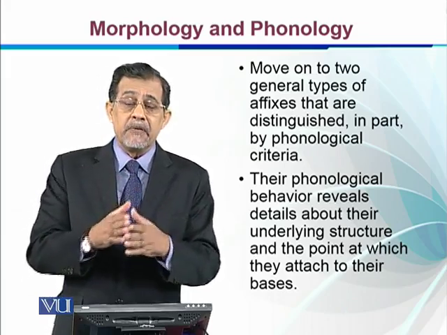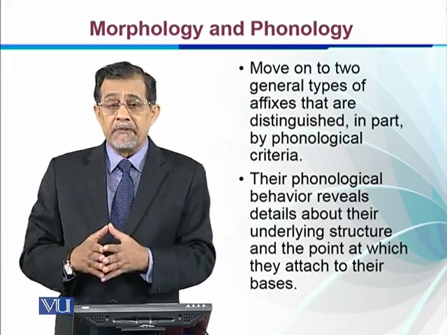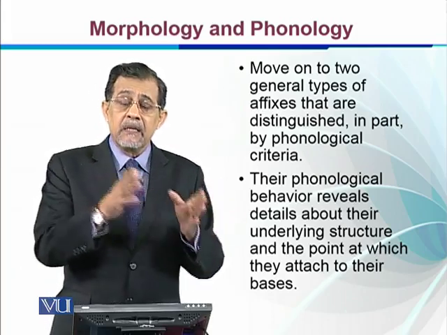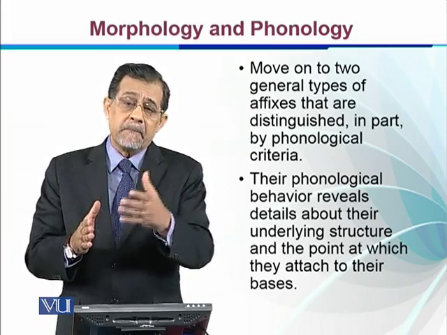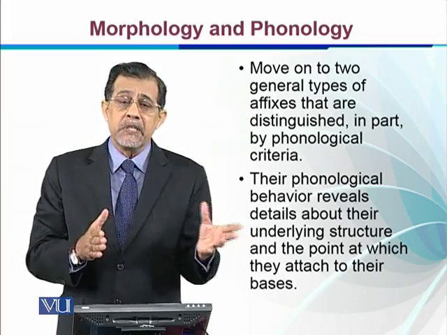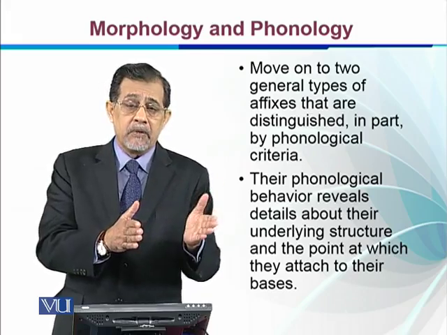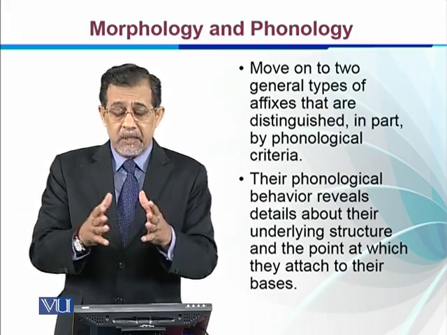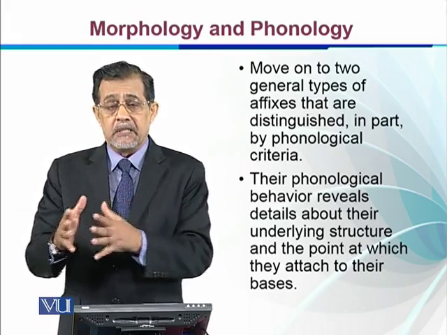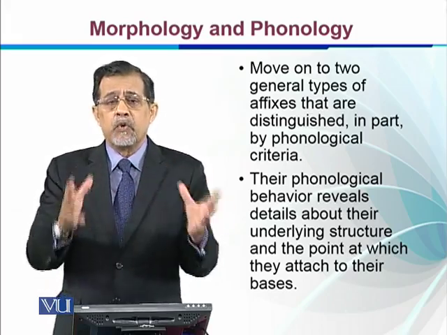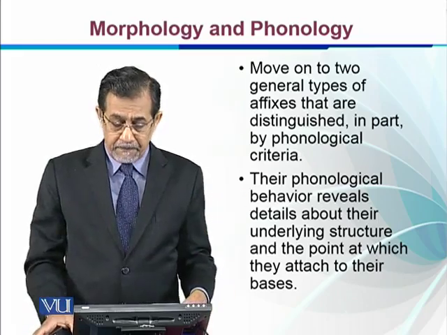For example, we have allomorphs, variants of the same morpheme, and these allomorphs occur because of the phonological aspect of the word or the morpheme. Studying this can help us know how it takes place, or what this phenomenon is.